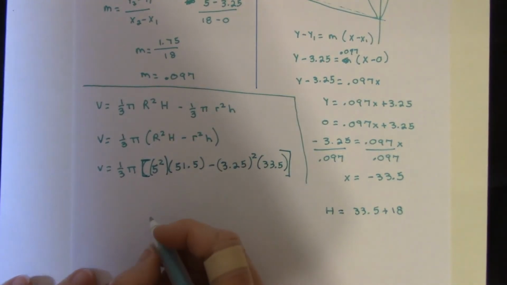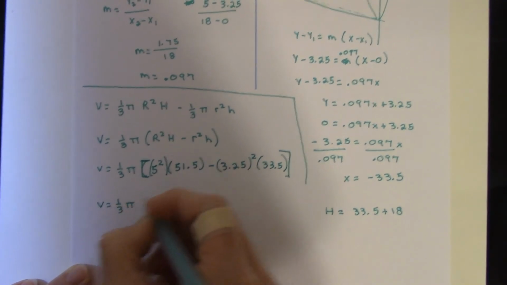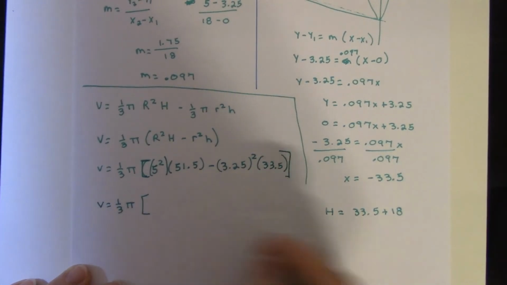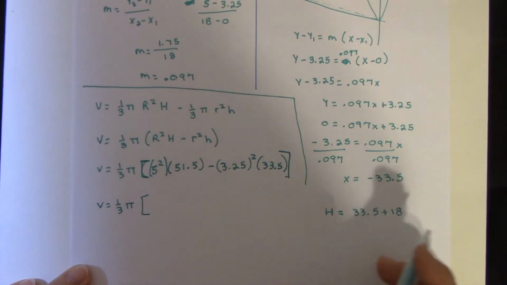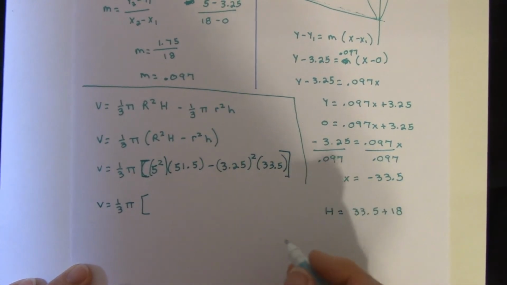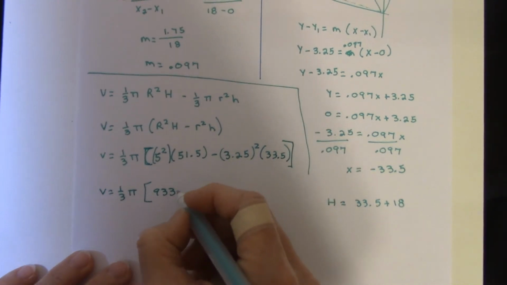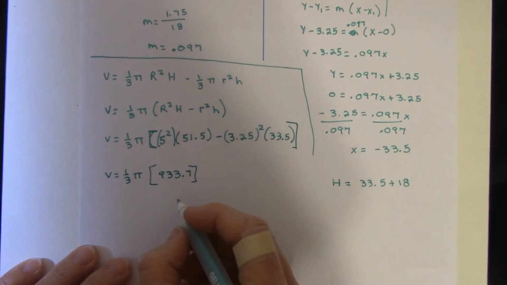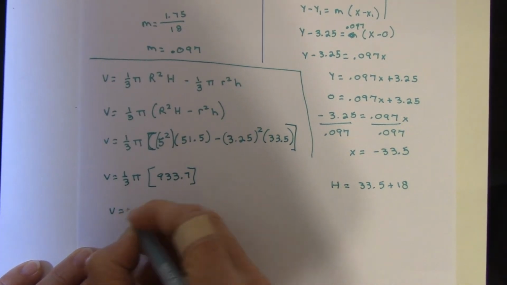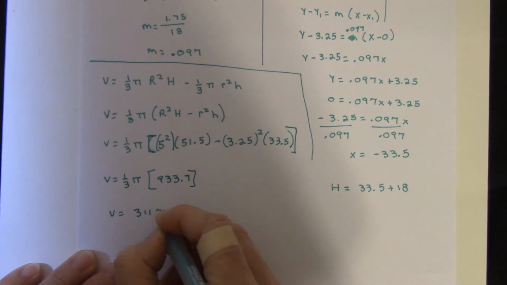Then we multiply this out. The volume is 1/3 pi times, and when we multiply this all out, on the inside here we get 933.7. Take a third, and our volume is 311 pi.